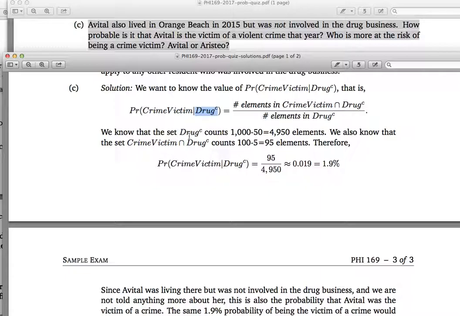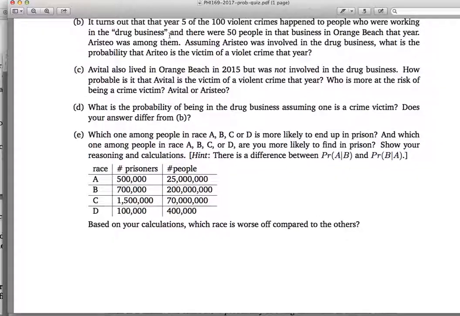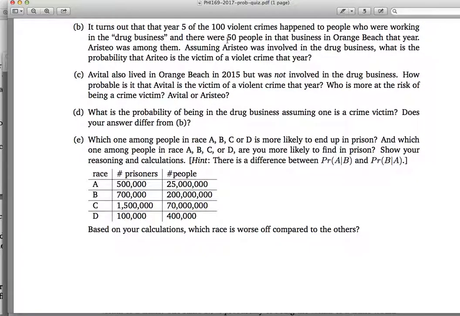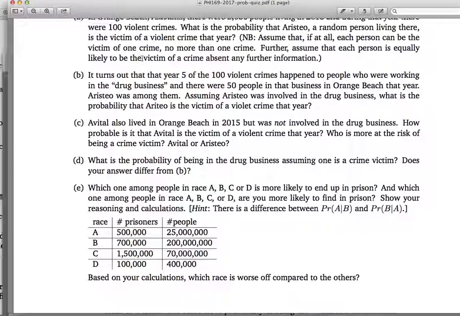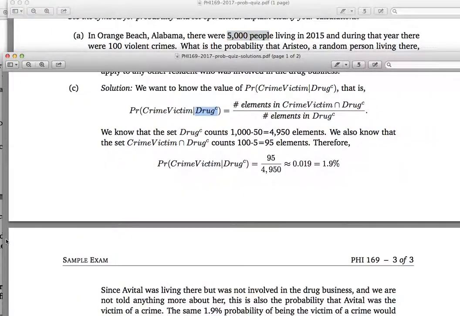Now, how many people are in drug complement? So we have to go back to question B, just to remind ourselves that there were 50 people involved in the drug business that year. And we are told from question A that there were a total of 5,000 people in Orange Beach, Alabama.